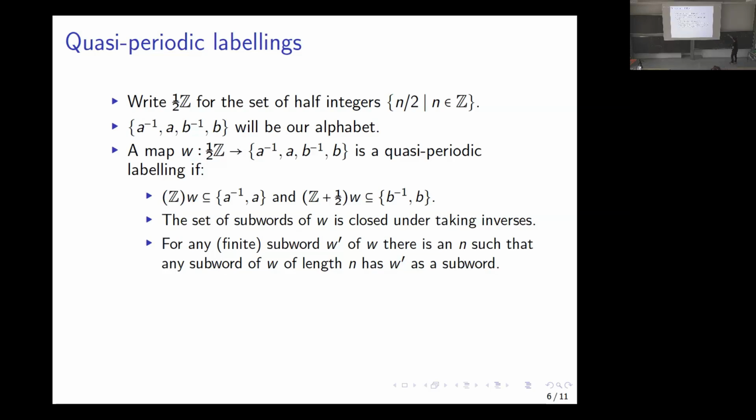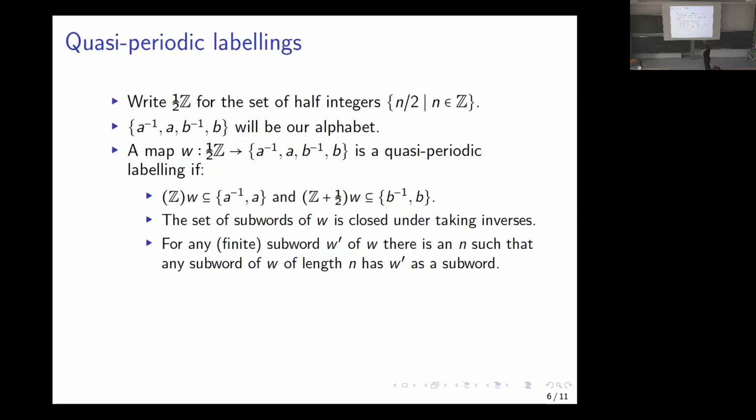Let's say that's A, that's A inverse, and let's say this is also A inverse. And I want to label the non-integer multiples of a half by B's and B inverses. So let's just say this is B and this is B inverse, and that can be B inverse, and this can be B. This is just part of it. Just imagine the dot, dot, dots at the end.